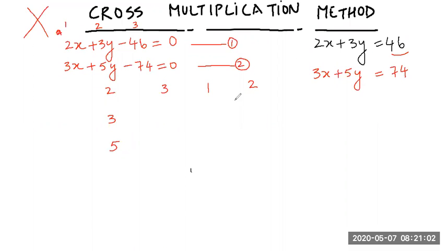On this column, what are the coefficients? Minus 46, minus 74. What are the coefficients in one group? It's 2 and 3. And second, 3, 5. So we have written the coefficients in this way.